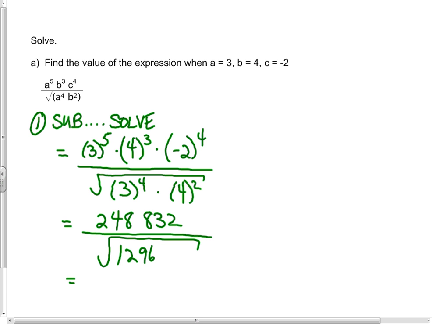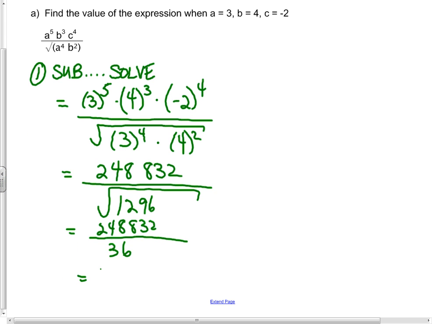And the square root of 1296, of course this is in my head, is 36. 248,832 divided by 36 is 6912.